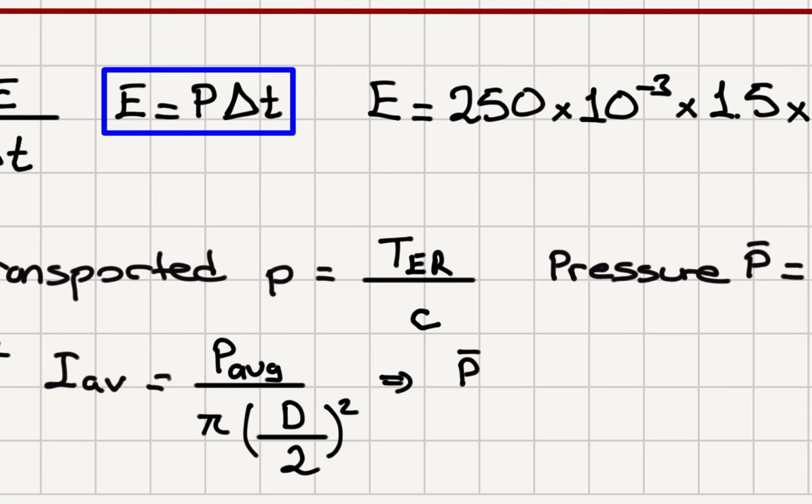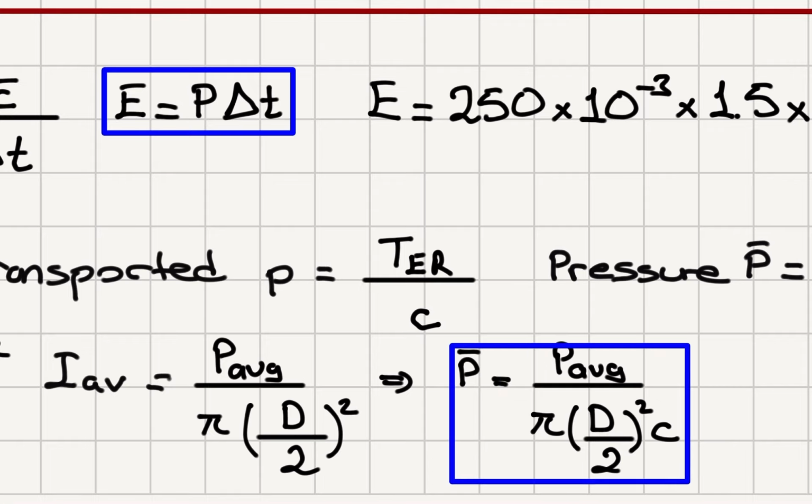The average pressure being exerted is the average power divided by the area, pi (d over 2) squared, times the speed of light. That's the average pressure that's being exerted.